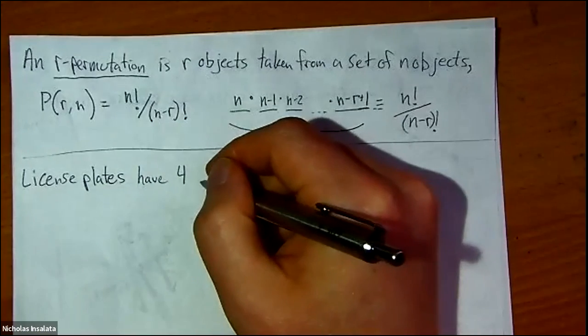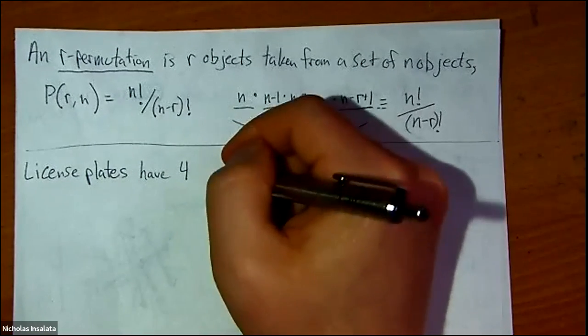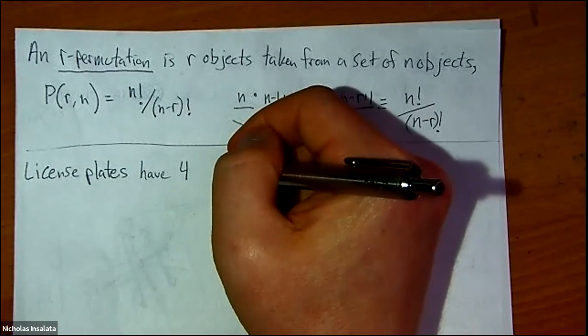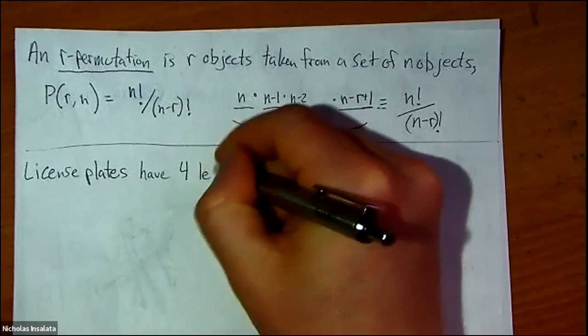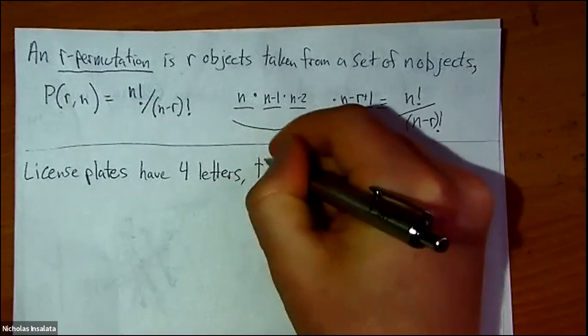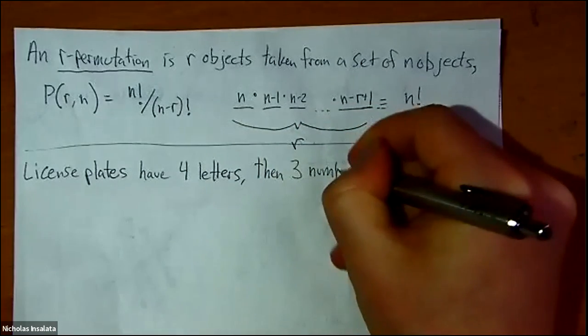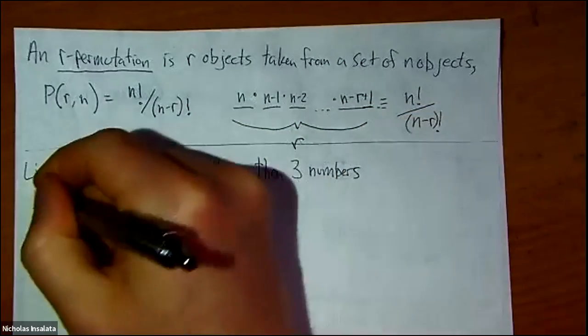Not in Oregon. In Oregon, we don't have this rule, but maybe some other state has this rule. 4 letters, then 3 numbers. Okay. How many are there total?